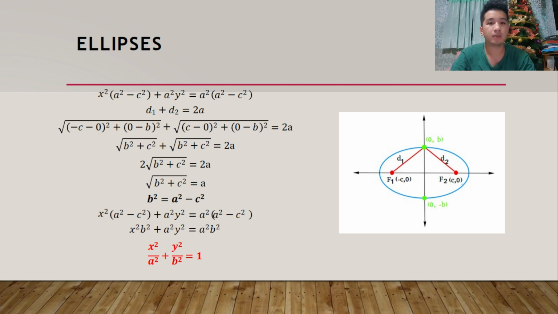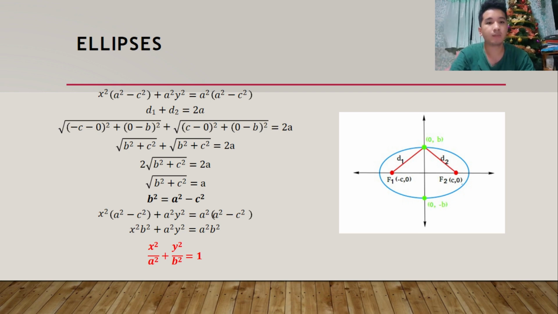d1 plus d2 equals 2a: the square root of (negative c minus 0) squared plus (0 minus b) squared, plus the square root of (c minus 0) squared plus (0 minus b) squared, equals 2a.